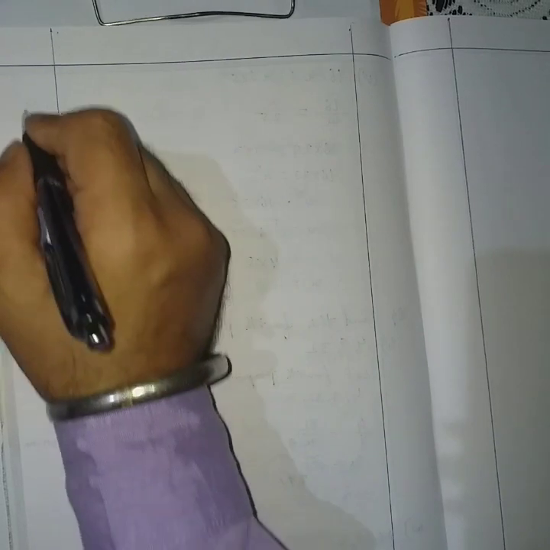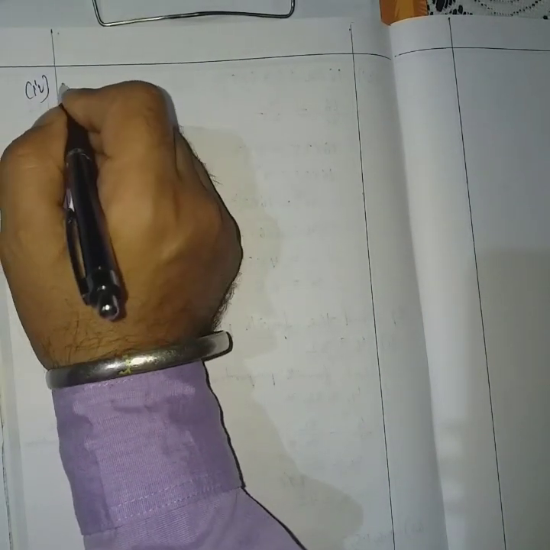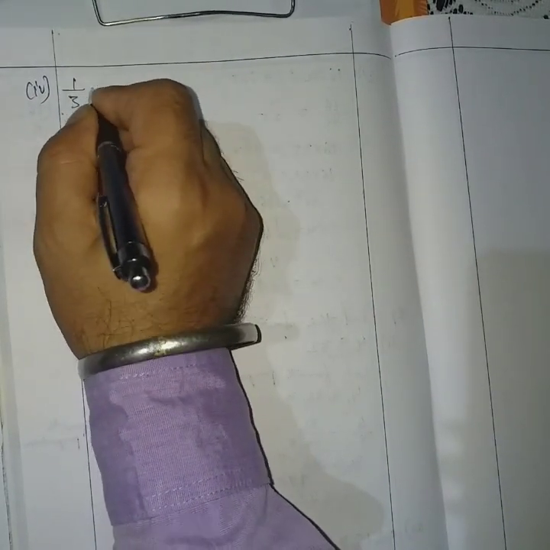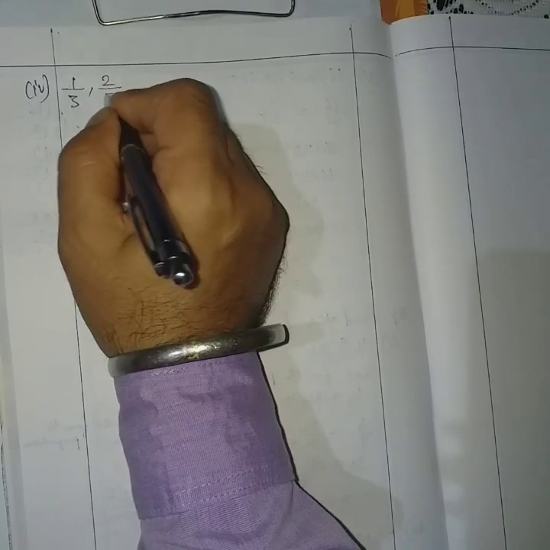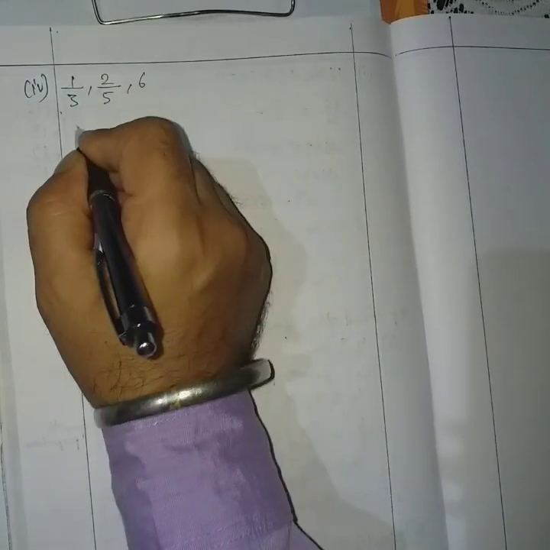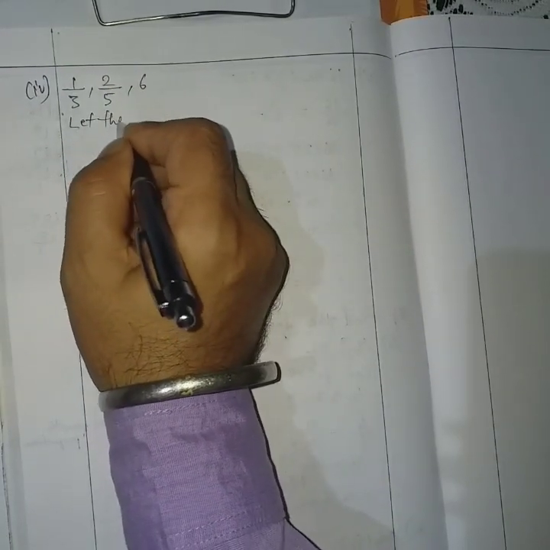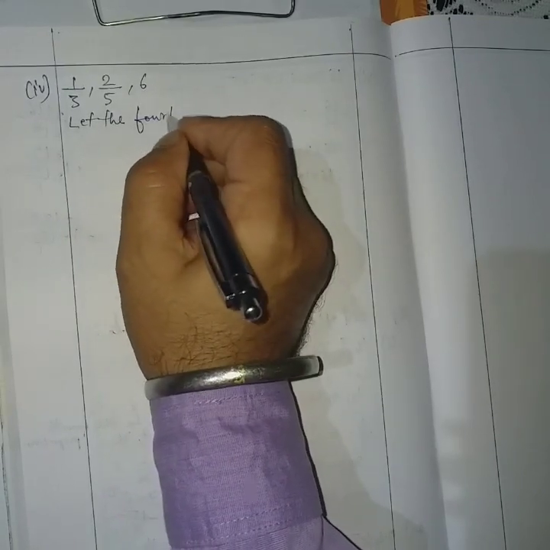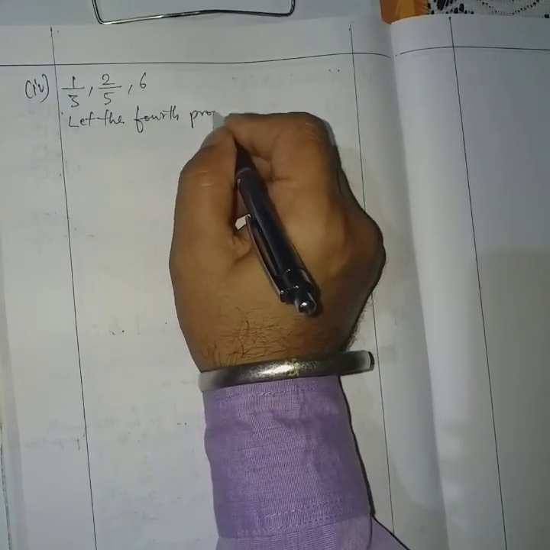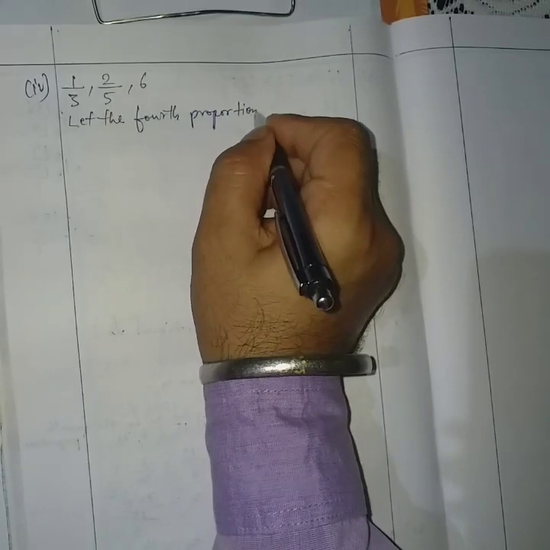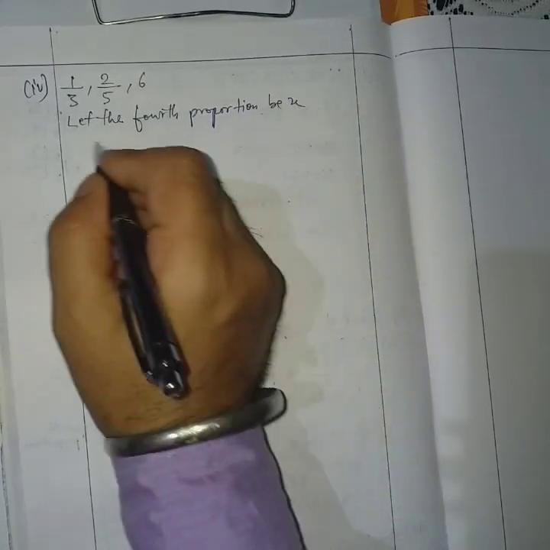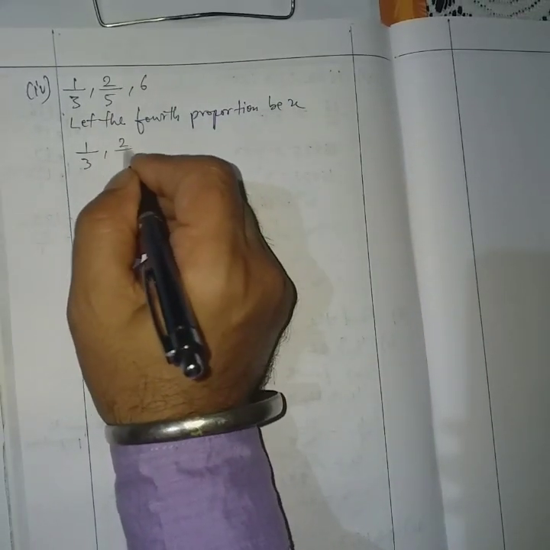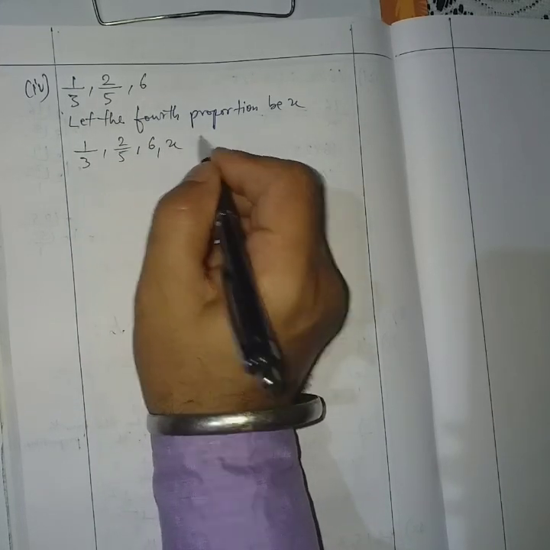Question number 4. 1 by 3, 2 by 5, 6. Let the fourth proportional be x, then 1 by 3, 2 by 5, 6, x.